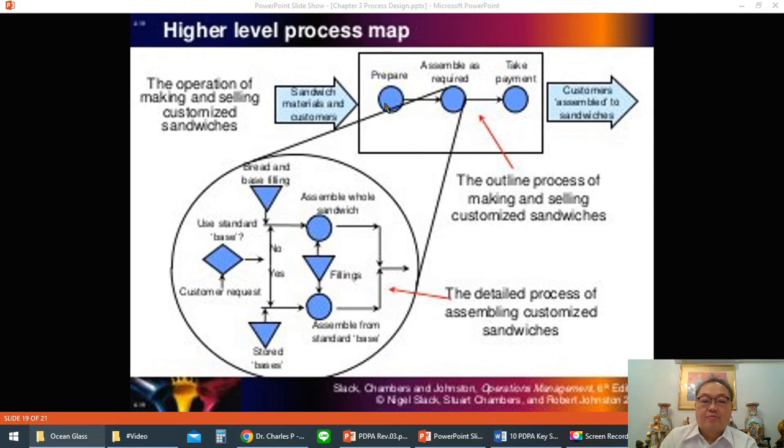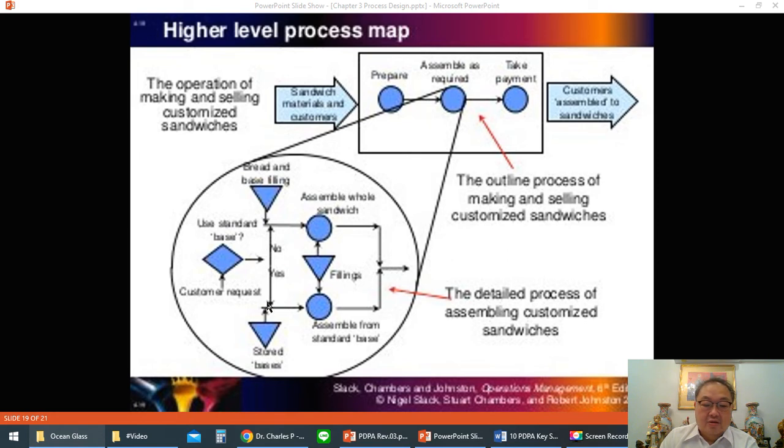In the transformation process, you can see the bread and the fillings prepared. Then it is sent to assemble the whole sandwich, and then the filling, assembled from standard basic types.